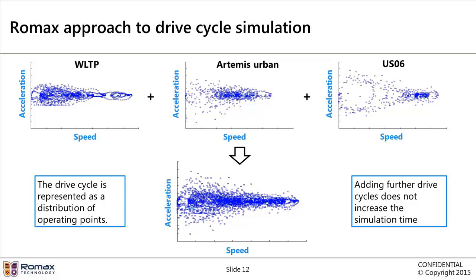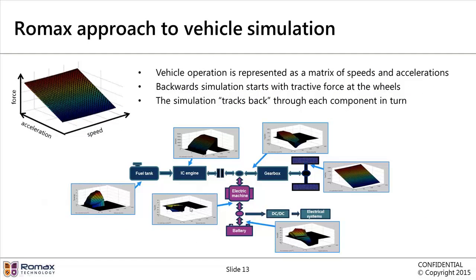So our simulation uses a simple matrix calculation over this speed acceleration operating space, rather than doing a separate calculation for each time step in the drive cycle. And the advantage of this is that matrix calculations are faster.